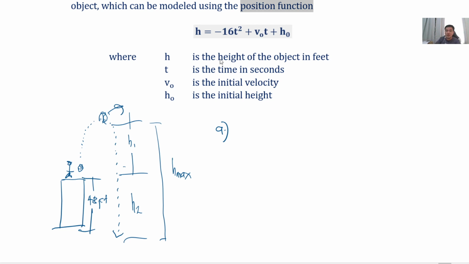Okay? So, meron tayong position function, class, wherein that is your h is equal to negative 16t squared plus v0t plus the original height. So, meron tayong given, class, na negative 16t squared natin, that is unknown. Okay, 'yun 'yung unknown, class. Plus the initial velocity, given siya sa problem.